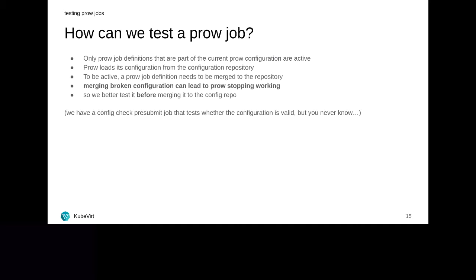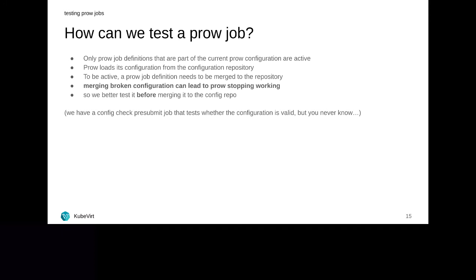Okay, how can we test the Prow job? The Prow job definition in general is only active when it gets merged to the configuration branch of your Prow configuration. Prow then loads the configuration from the configuration repository, and then it gets active, which means that as long as the Prow configuration is not in a merged branch, it's not active, so you can't test it.